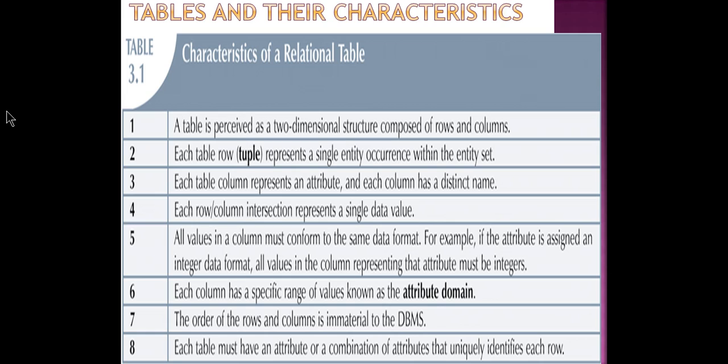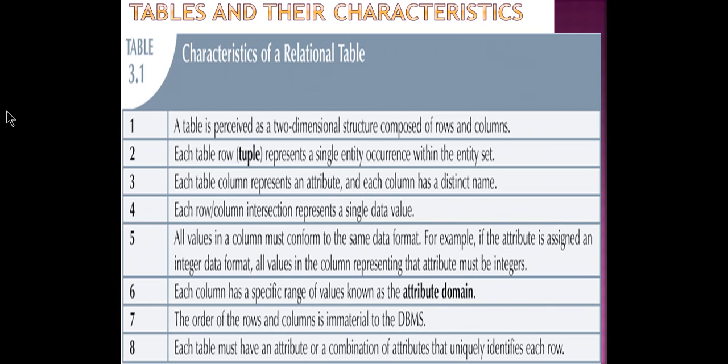A table or a relation is a two-dimensional structure consisting of rows and columns. Each row of the table is known as a tuple, which represents a single occurrence within the entity set. Meaning if there is a student table, each row or each tuple of the student table or student relation represents one student, or each row of the employee table represents one employee.